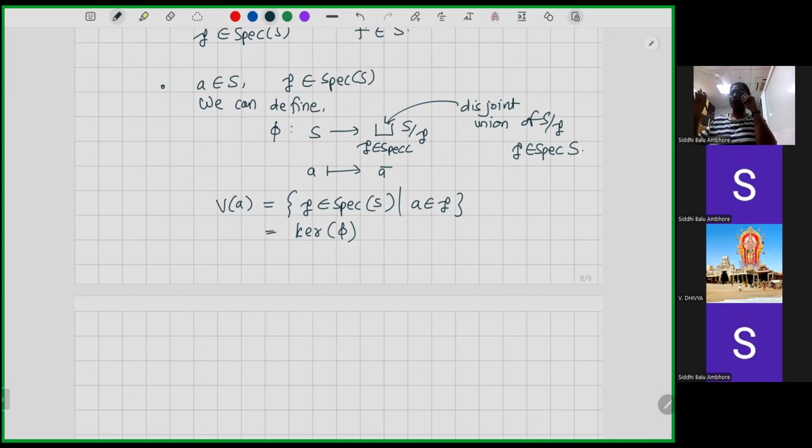Kernel of P, okay, not exactly actually.